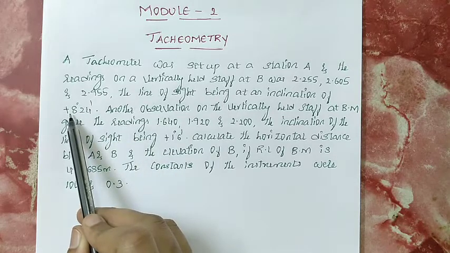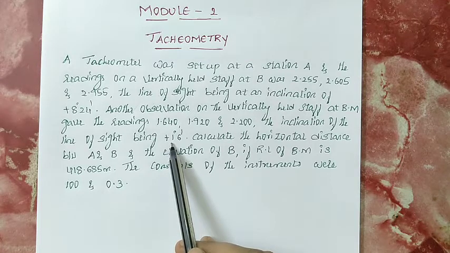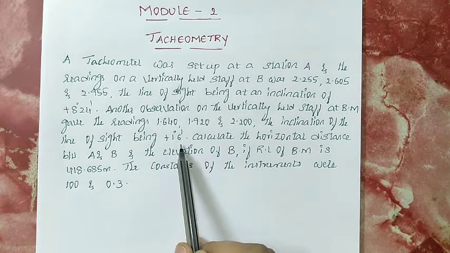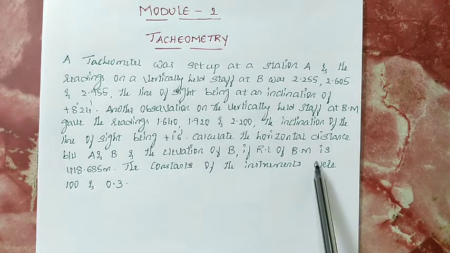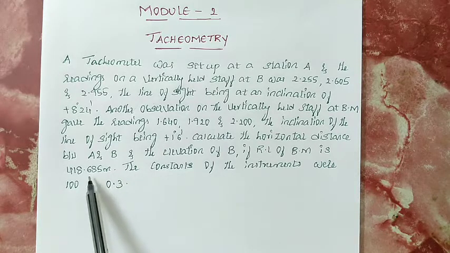In this problem, plus indicates angle of elevation. If they have mentioned negative, for example minus 1 degree 6 minutes, the negative sign indicates angle of depression. You need to calculate horizontal distance as well as the elevation of the station B, and the RL of benchmark they have given as 418.685.